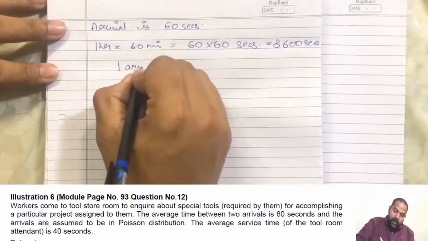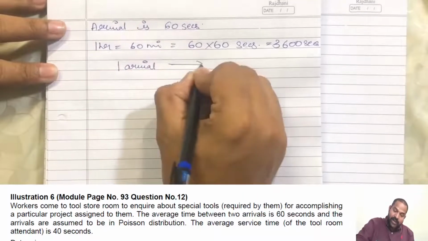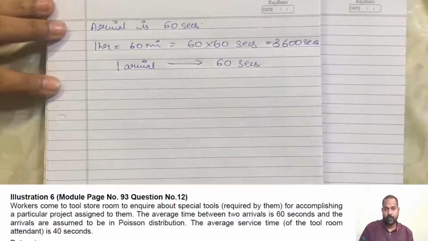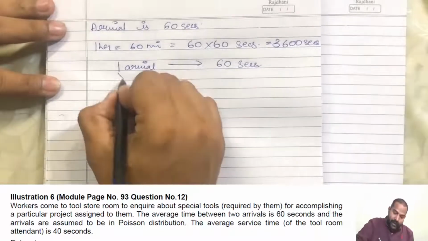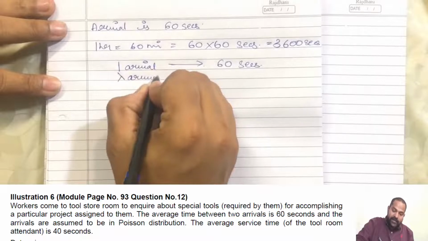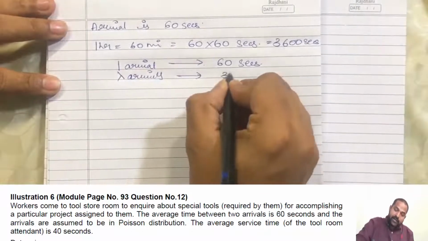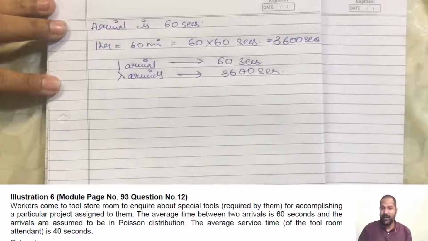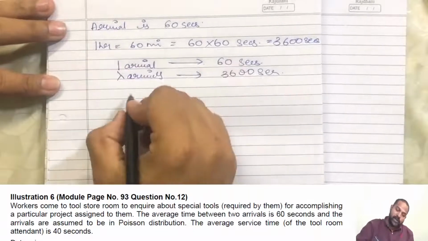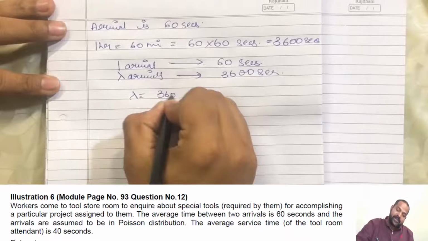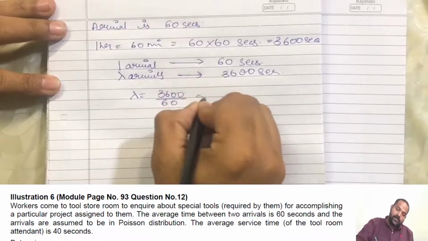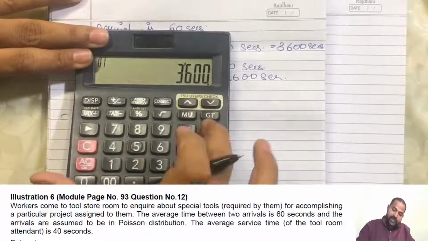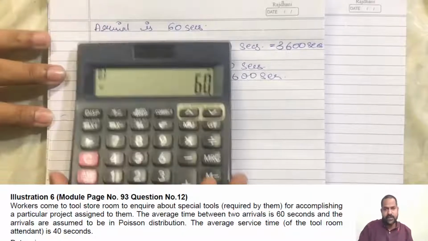1 arrival in 60 seconds. Then lambda arrivals in 3600 seconds, which is basically 1 hour. Cross multiply, lambda is 3600 upon 60, which is, what is 3600 divided by 60? 60.